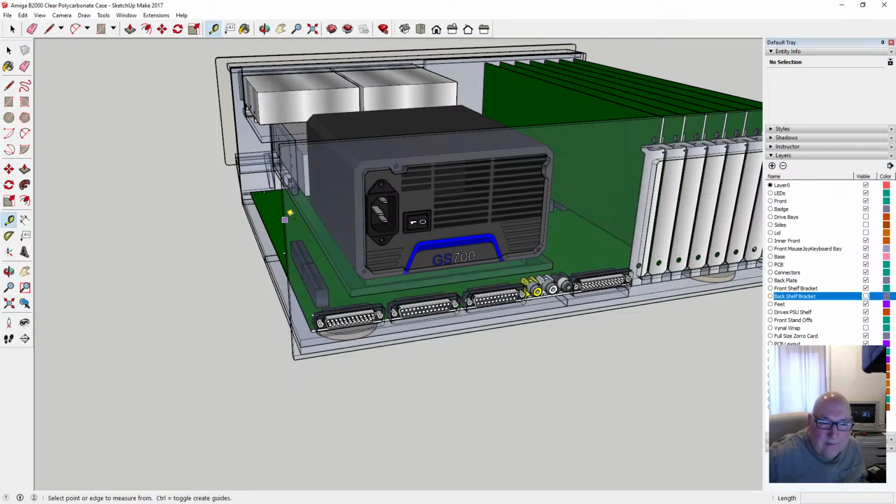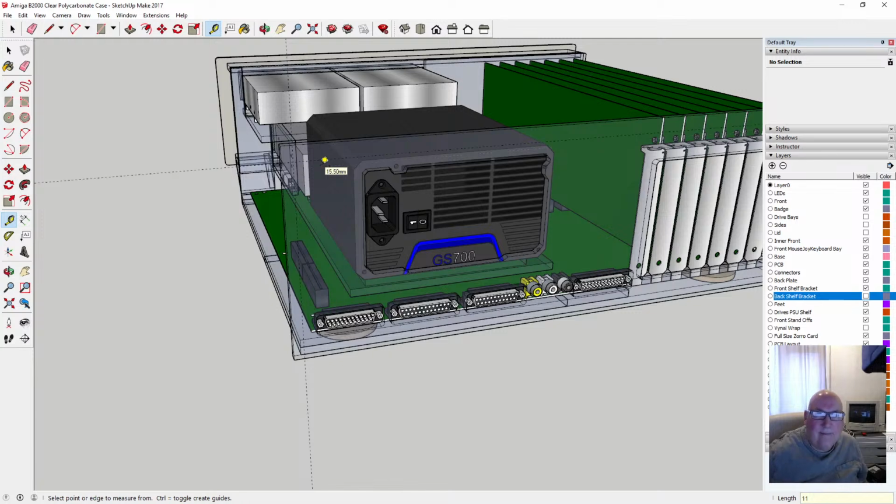So 7.5 millimeters, and down. Yeah, 7.5. And sort of 11 mil from the top.